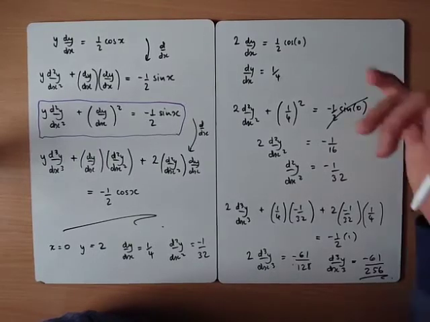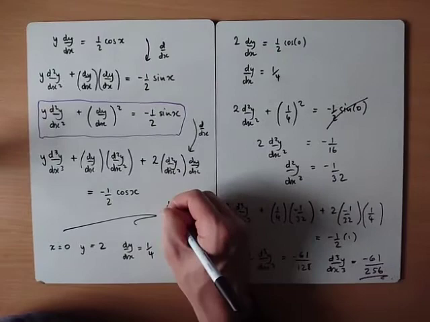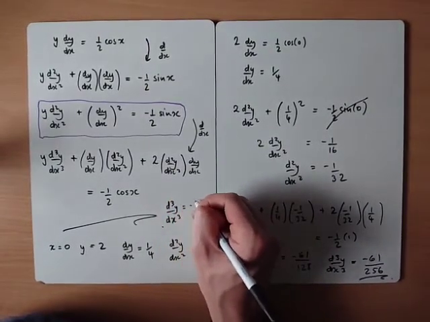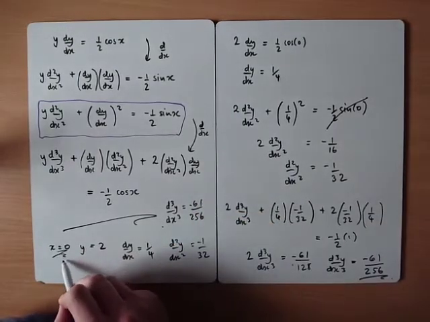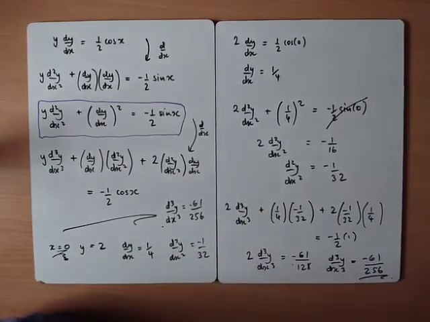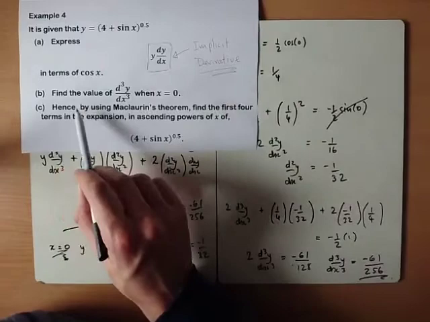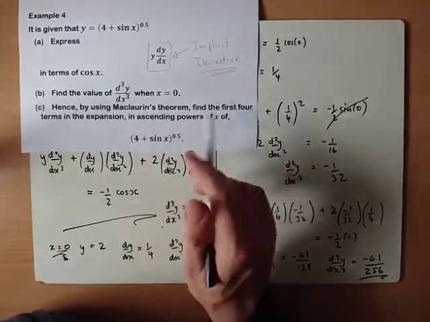Now that is quite long-winded, but the beauty of this technique is that now we've got all of our derivatives evaluated when x equals 0. The last part of the question says hence by using the Maclaurin Theorem, find the first 4 terms in this expansion.